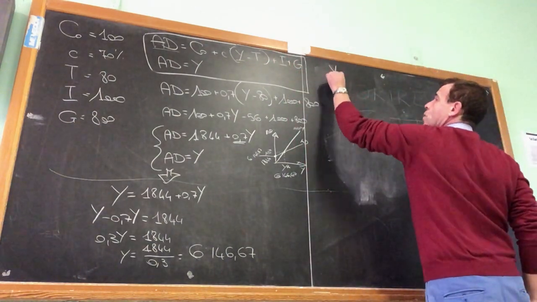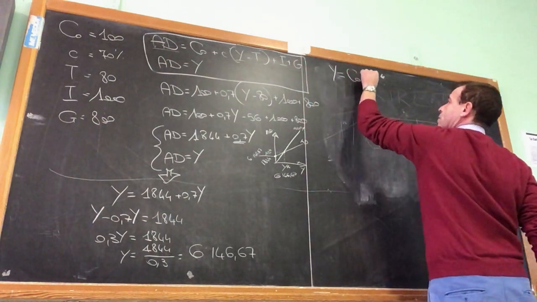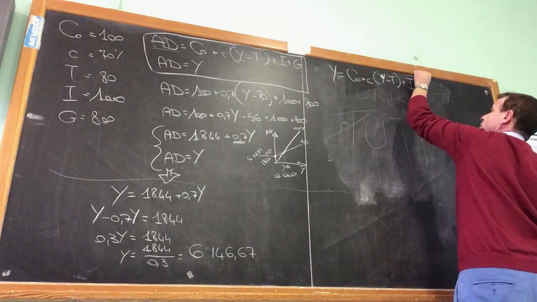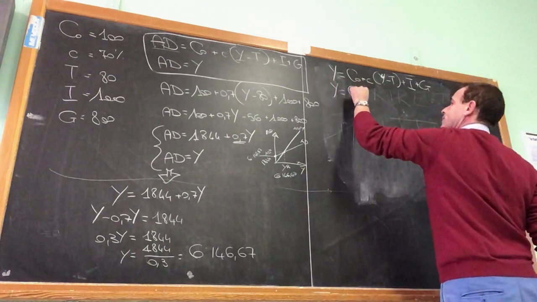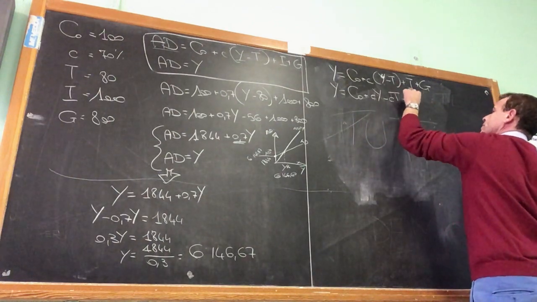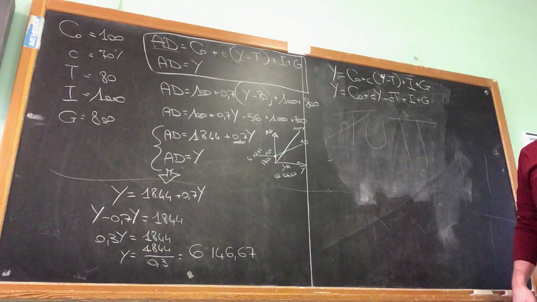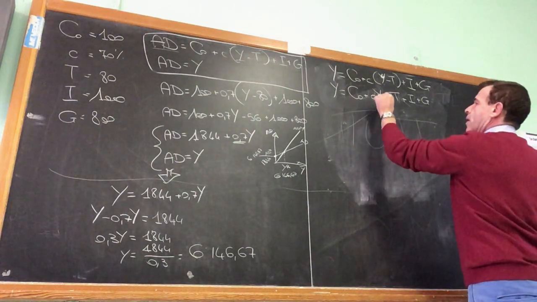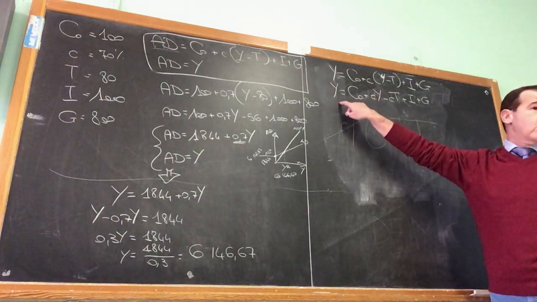So we will write y equal to aggregate demand, C0 plus little c, y minus t plus I plus g. Solve the parentheses. Okay? We need to transport the y on the other side.